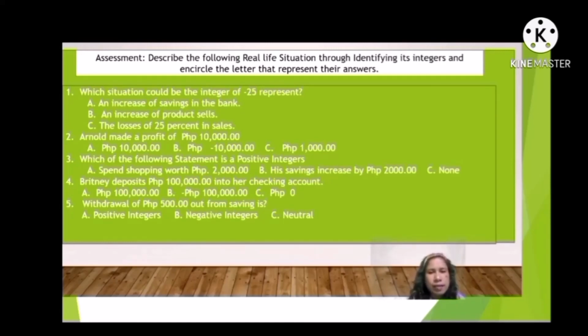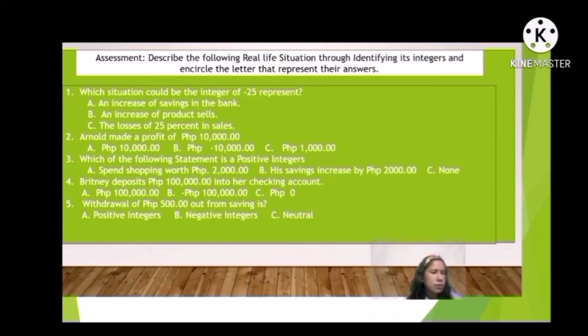C. 0 pesos. Number 5, withdrawal of 500 pesos from savings is A. Positive integers. B. Negative integers. C. Neutral.